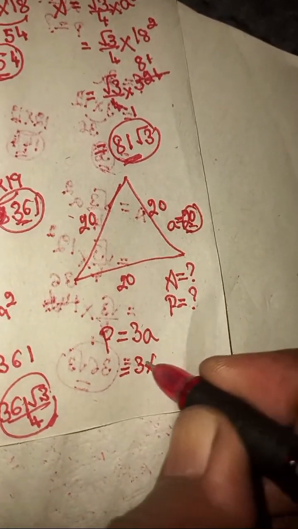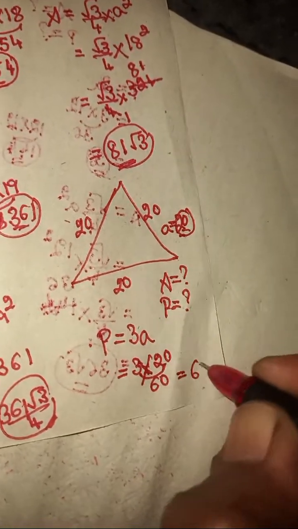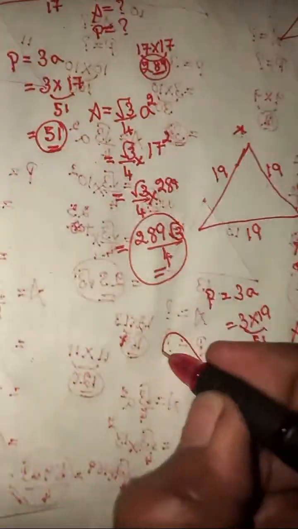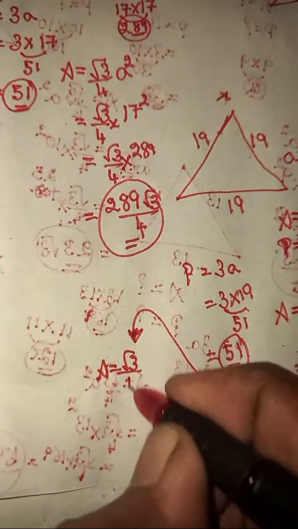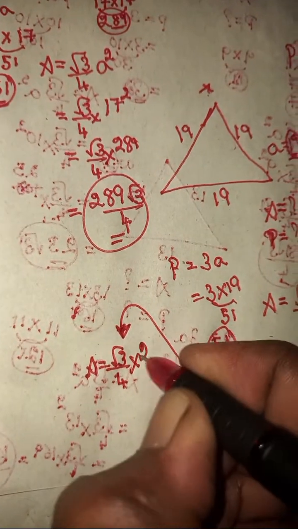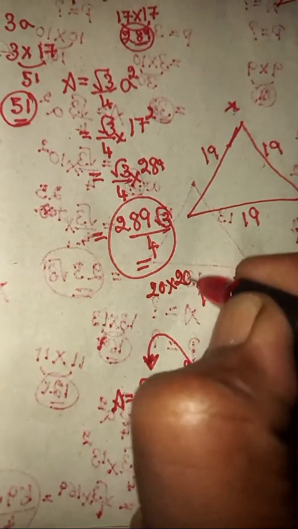That is 3 times 20 units becomes 60 units. 60 units is the perimeter. Let's find the area of this triangle, that is the 20 units triangle. You're going to get root 3 by 4 times this 20 squared. 20 squared means 20 times 20, which becomes 400.